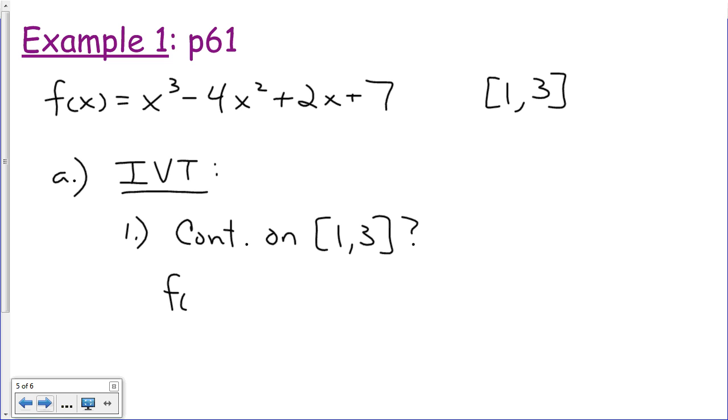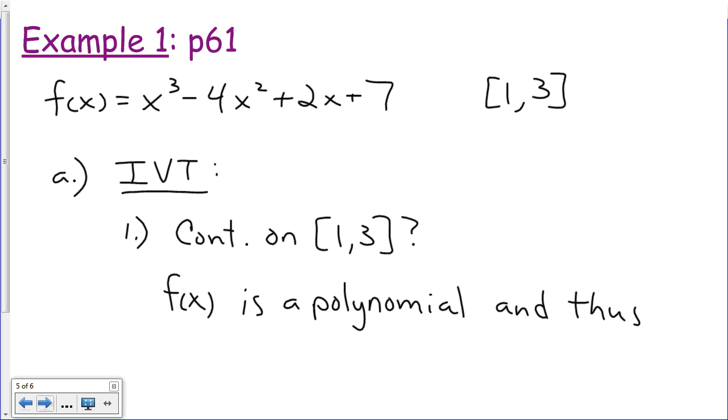So you've already done the work for this. f of x is a polynomial and thus continuous for all x. We only need to be continuous from 1 to 3, but we were guaranteed to be continuous for all x. So we have continuity. The answer to this first question is yes, we are continuous. 1 down, 1 to go.